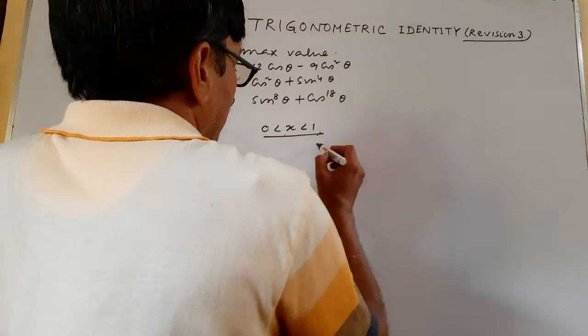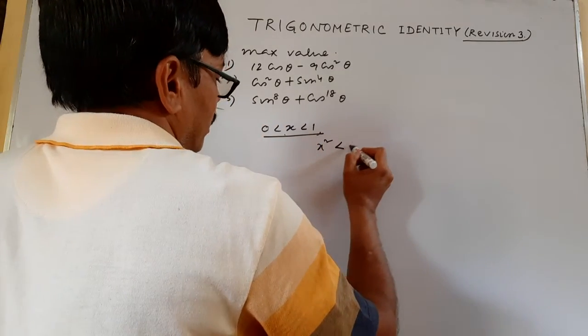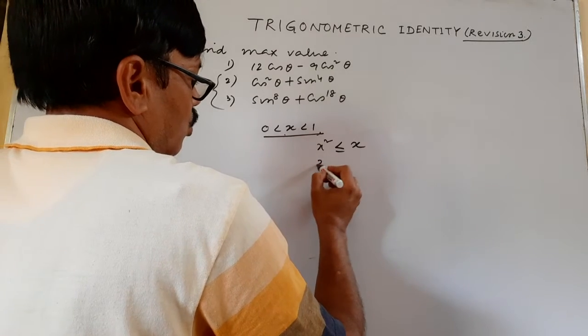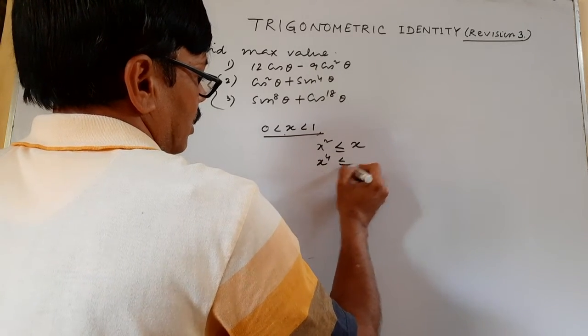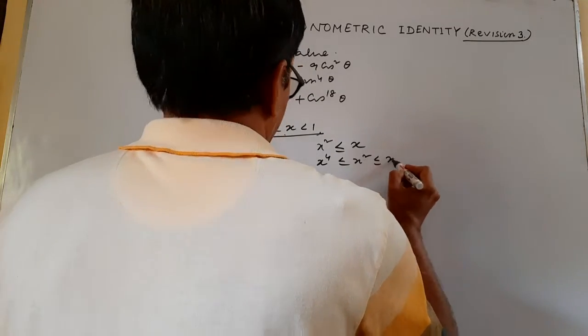Then x square is less than x. x to the power 4 is less than x square, which is less than x.